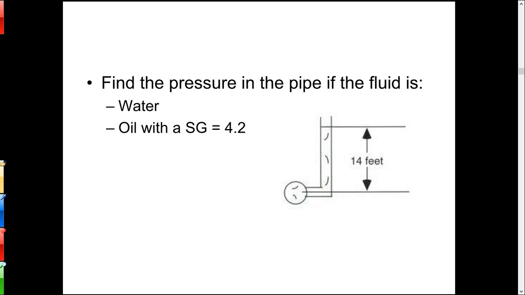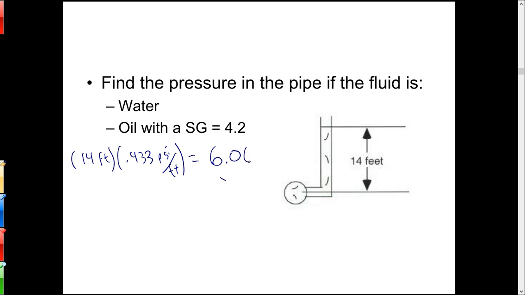So if that piezometer shown there has the water rise up to 14 feet, what we would do is take 14 feet and then use that constant that we went over, the 0.433 psi per foot, and just multiply that out, and then you'd get the pressure in the pipe. Okay, so 14 times 0.433, that's 6.06 psi is what we end up with there.